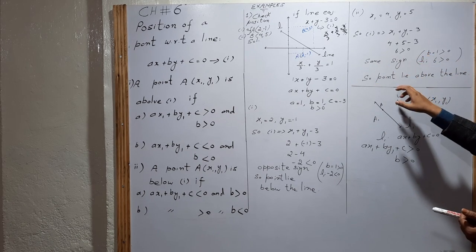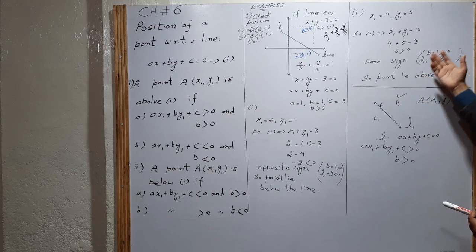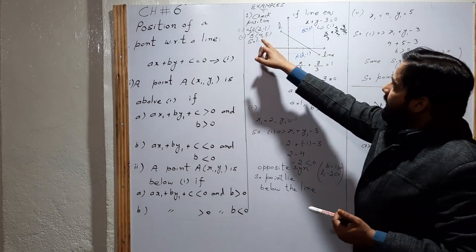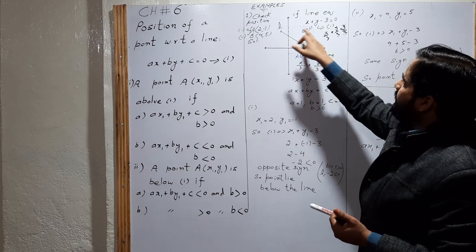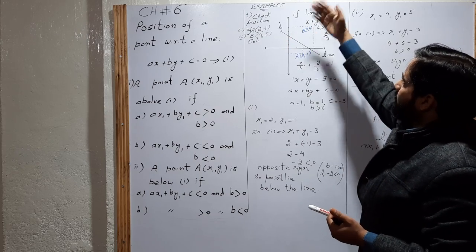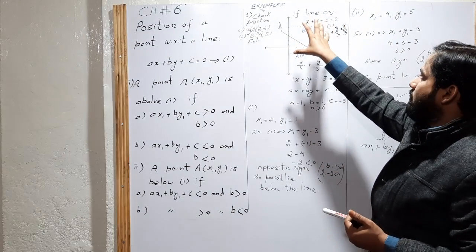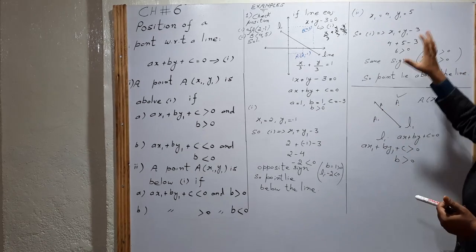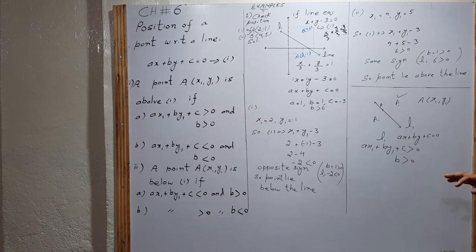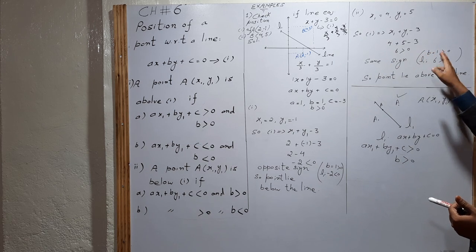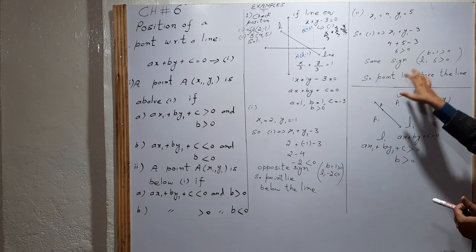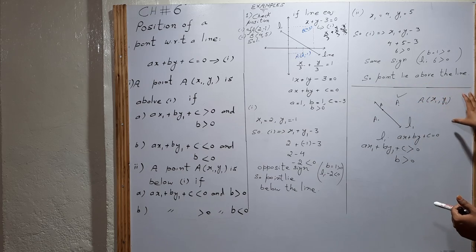So the point lies above the line. Graphically, on the x axis 1, 2, 3, 4 and on the y axis 1, 2, 3, 4, 5, the point is clearly above the line, which is crystal clear, and the criteria is also verified because both have the same sign. 6 is greater than 0, 1 is greater than 0, so same sign, so the point lies above the line.